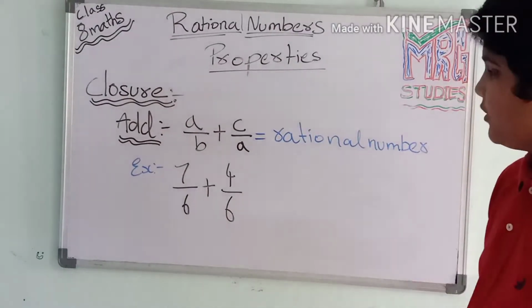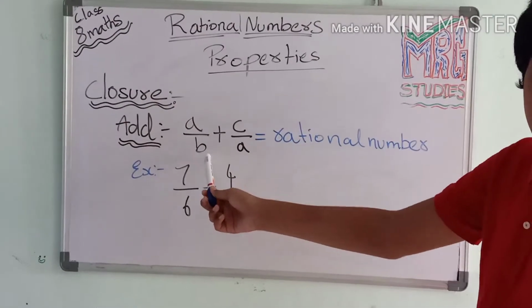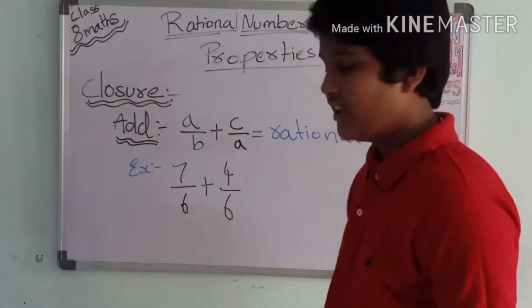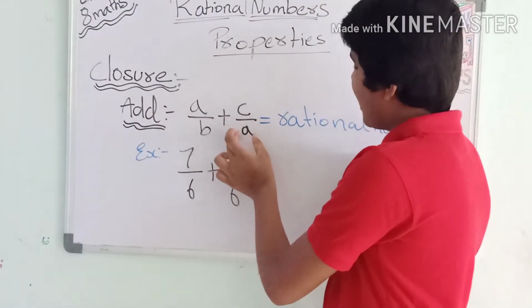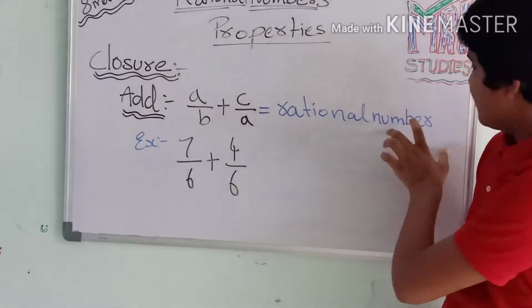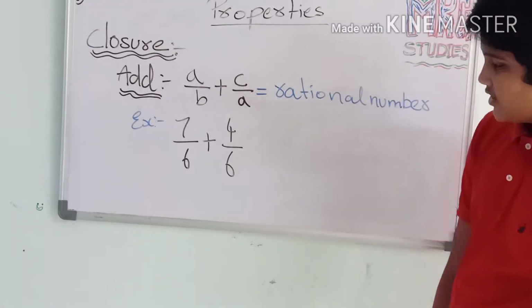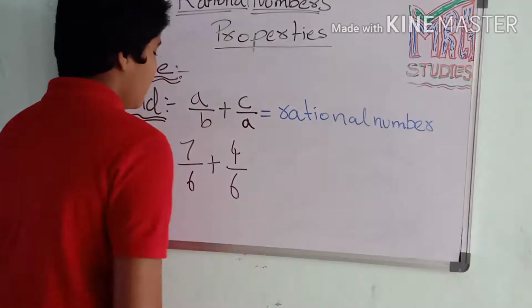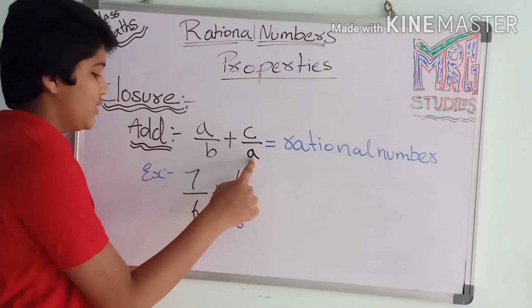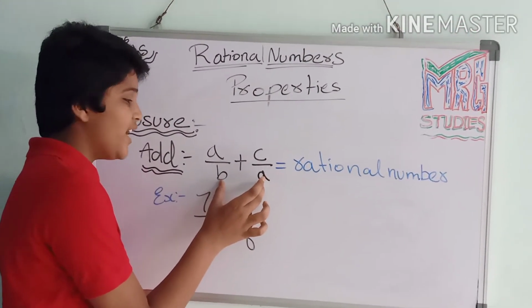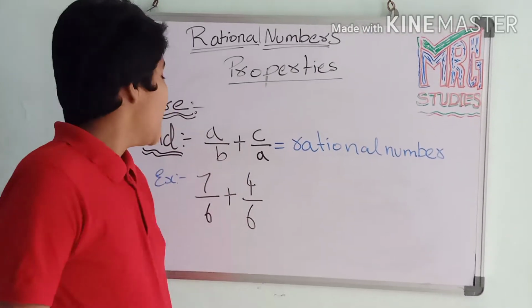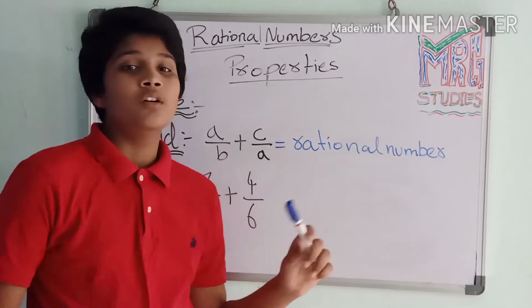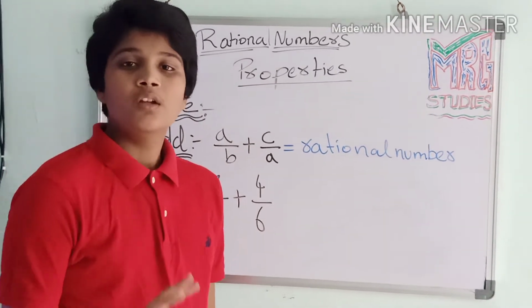In the closure property, the formula we use for rational numbers is a by b plus c by b equals a rational number. Means, see here, the denominators will be the same, and the numerators will be different.